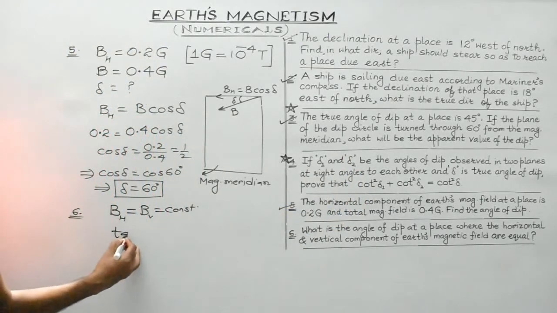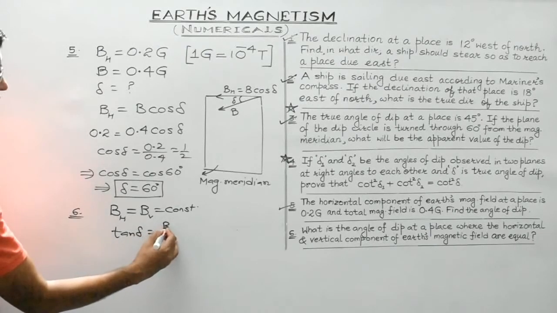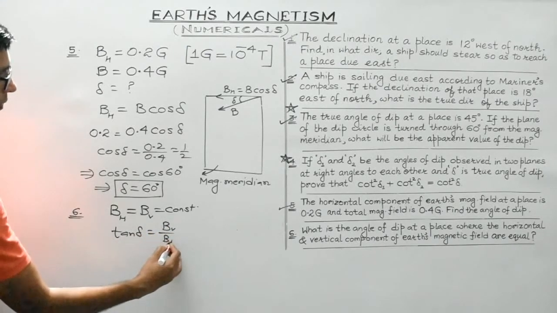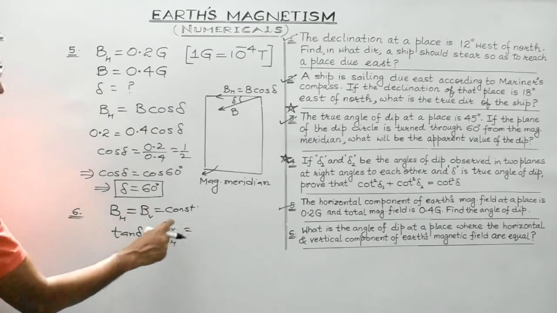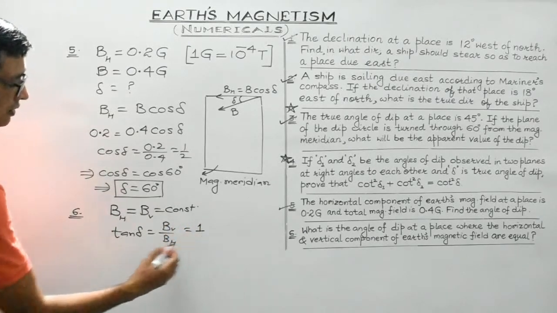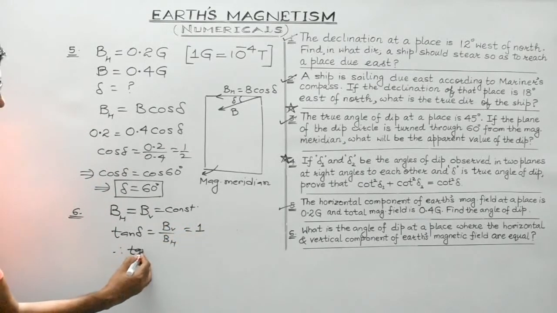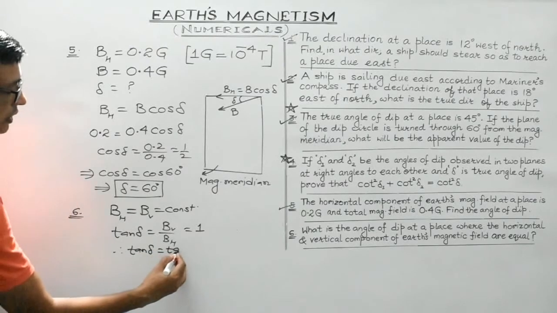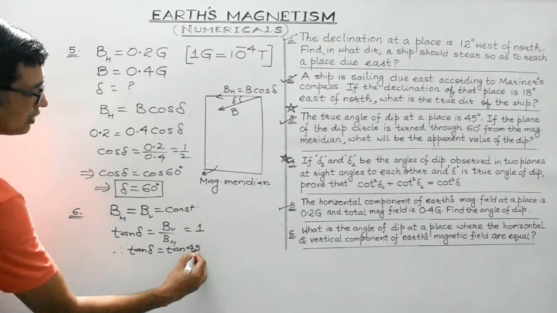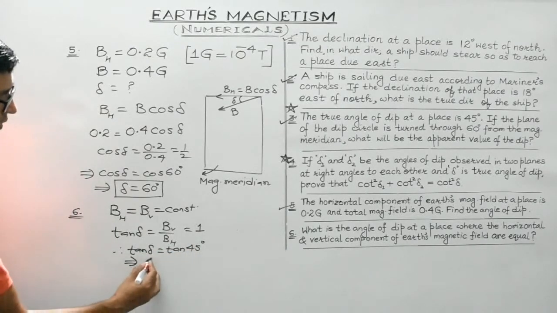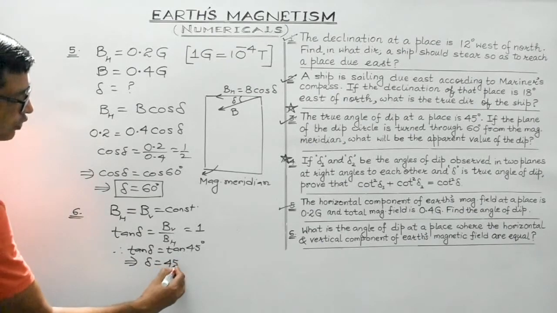So obviously, tan δ is BV divided by BH. Since both are the same, the ratio would be 1, which implies that tan δ is equal to tan 45 degree. Tan 45 degree is 1, which further implies that δ is equal to 45 degree.